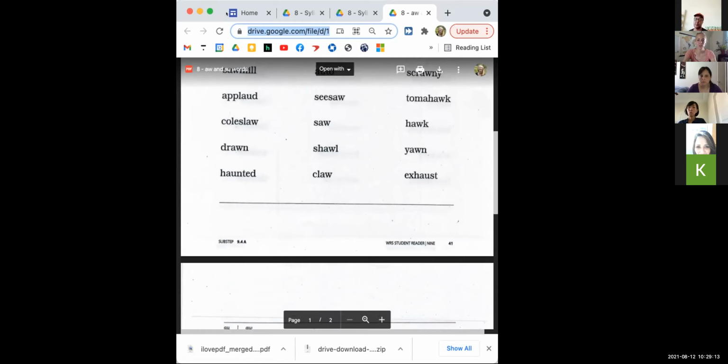And we want to look for that consonant vowel E syllable. And we see that here. We see the O, vowel, consonant, vowel. That E is going to become the silent E and change that O. Coleslaw.